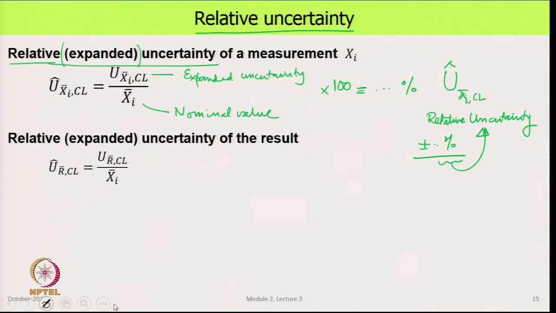This was for a measurement; the same thing applies for the relative uncertainty of the result. U hat r bar C L is u r C L, the expanded uncertainty in the result, divided by the nominal value of the result.